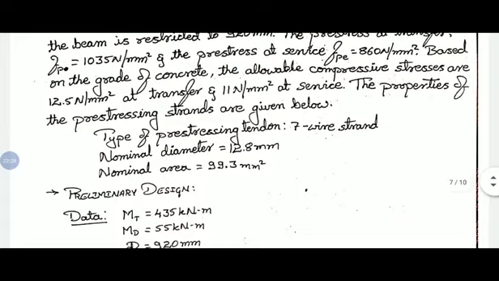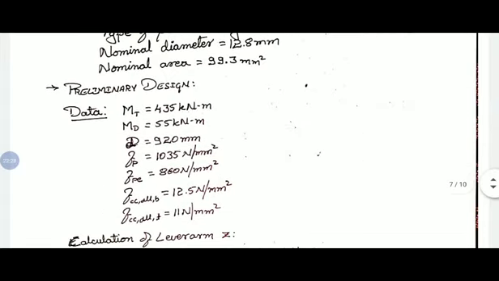Okay, so first, what was the data given? Total moment is given, moment due to dead load is given, and overall depth of the section is restricted to 920 mm. By considering this parameter, we need to provide the width of the section.